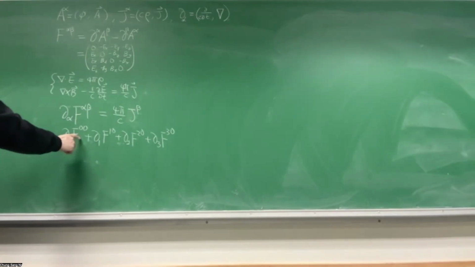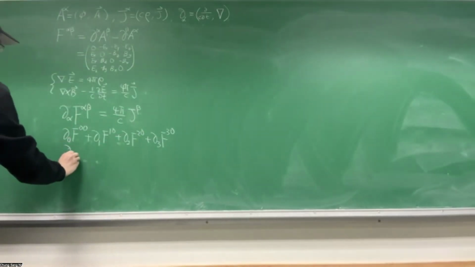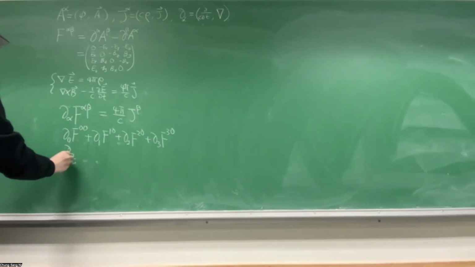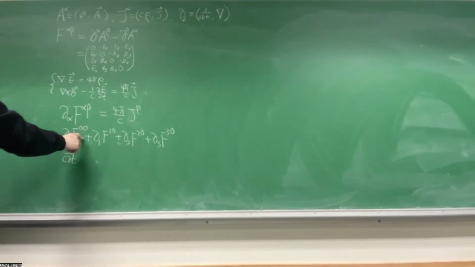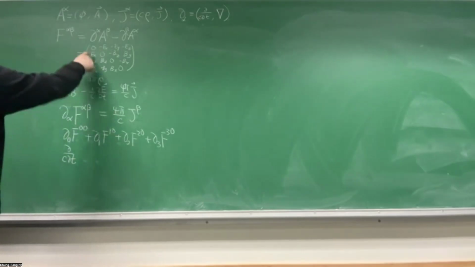And the reason is that now we substitute the corresponding elements. So partial 0 is partial t over c. Actually, if you are familiar with this, you already know that F00 is just 0.